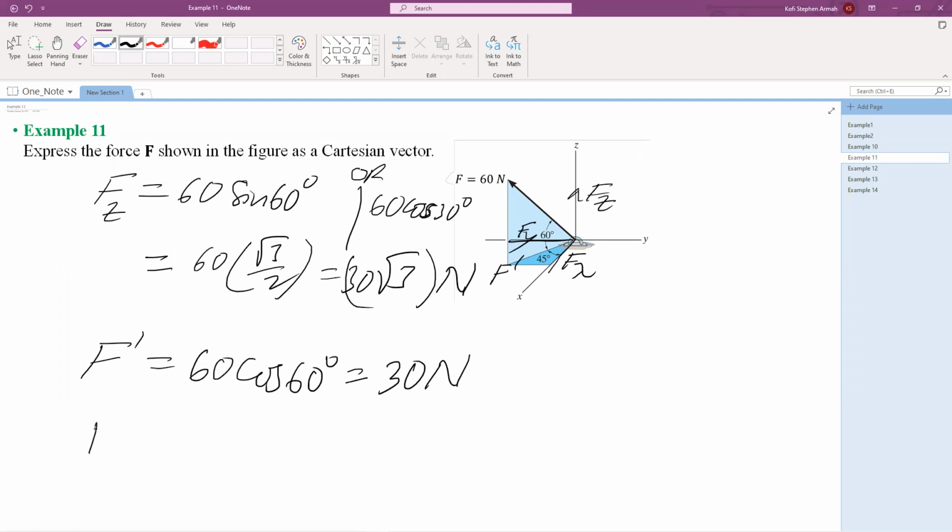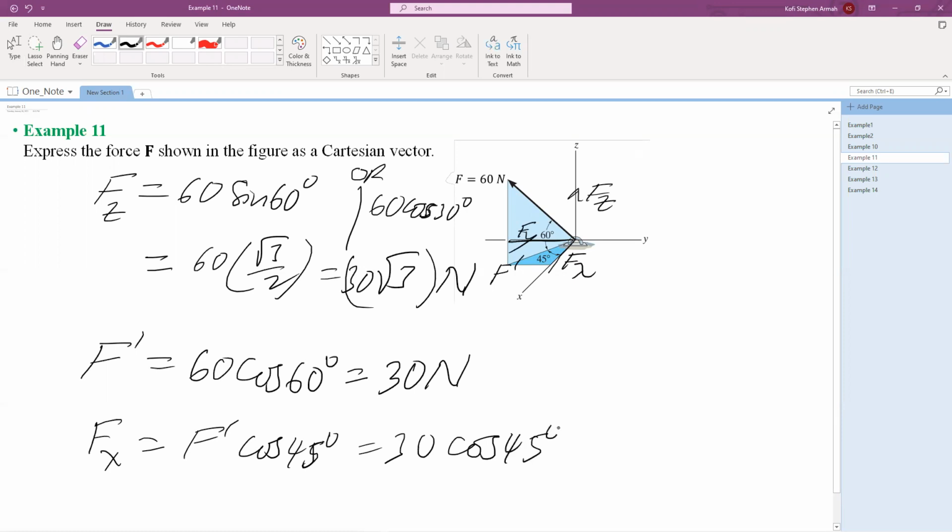So your FX: the angle 45 is to the x side, so the x side will carry the cosine. You're going to get F prime, that is the magnitude of F prime, cosine 45.